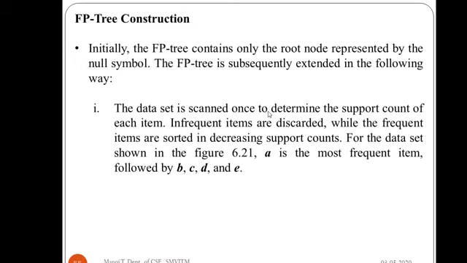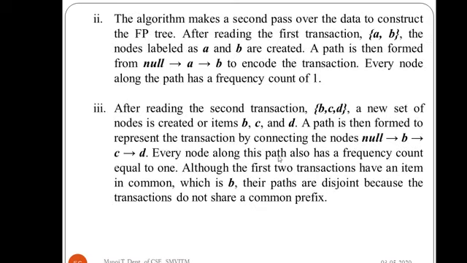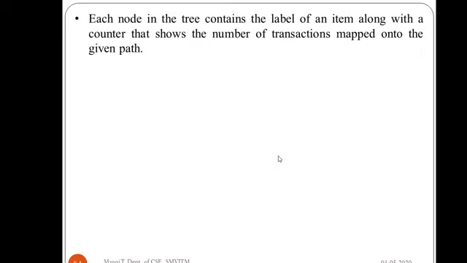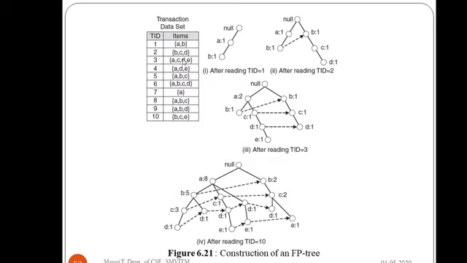Before going to the first transaction, we have to do this: the entire data set is scanned once to determine the support count of each item. Infrequent items are discarded here, while the frequent items are sorted in decreasing support counts, and accordingly we will map them. So let us begin with the first transaction.